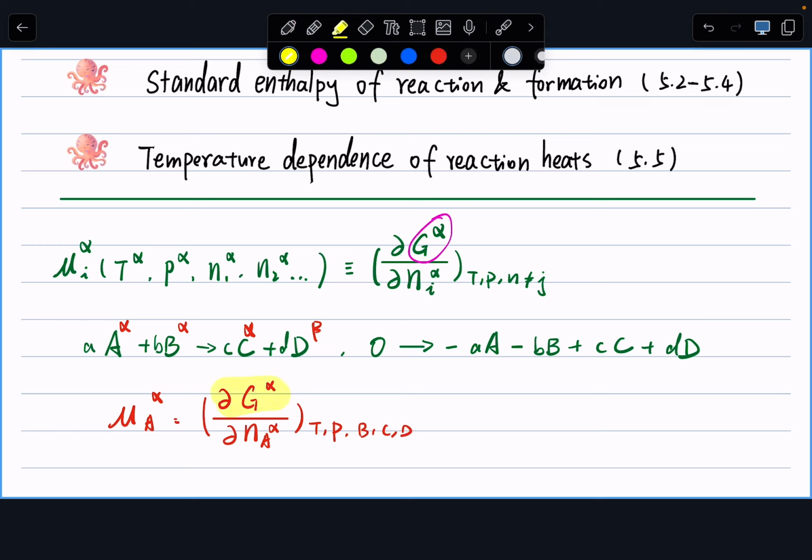And what is G alpha here? G alpha equals G_A in phase alpha plus G_B in phase alpha plus G_C in phase alpha. So that's a quick refresher on how we define Gibbs free energy.